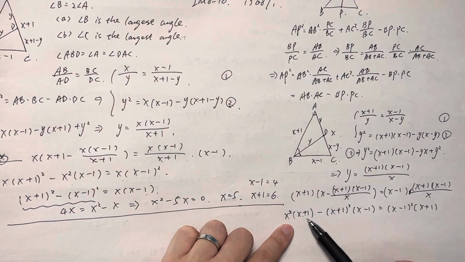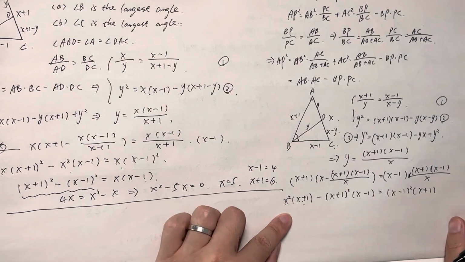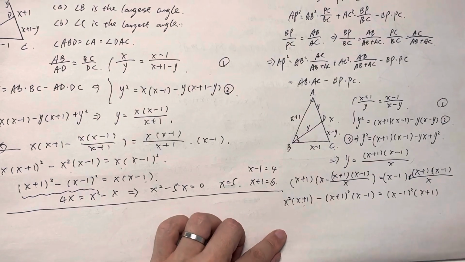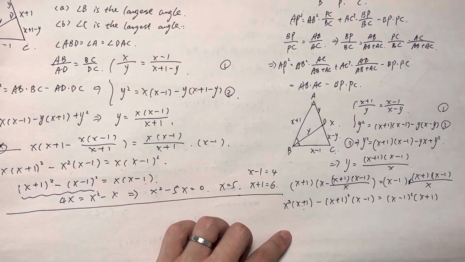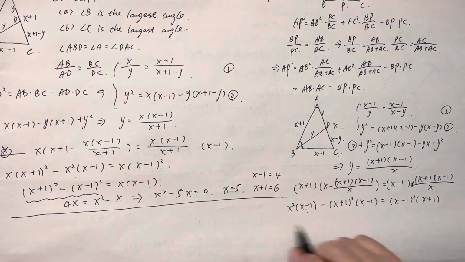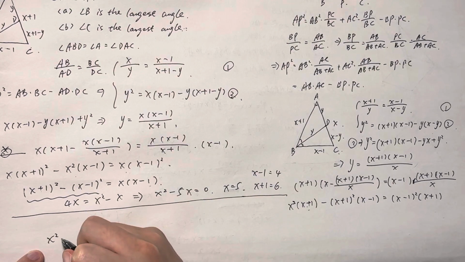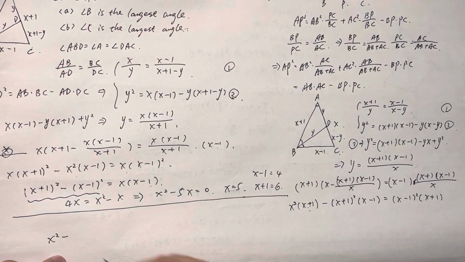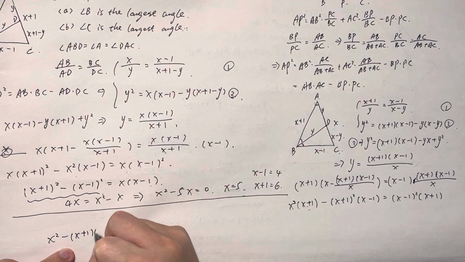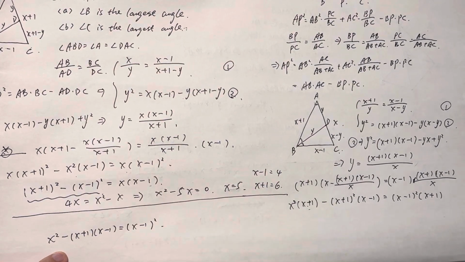So we have x plus 1 in all terms, and we know that x is not minus 1, so we can simplify this equation to be x squared minus (x plus 1)(x minus 1) equals 2(x minus 1) squared.